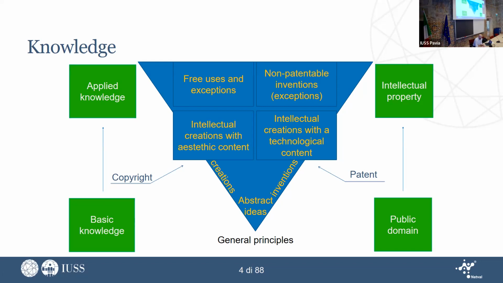Starting from general principles, the ideas, we can split two sides of the pyramid. The first regarding copyrights on the left, the second regarding the patents on the right. So we start from the basic knowledge and the public domain to arrive at the applied knowledge regarding copyright and intellectual property when we talk about patents.